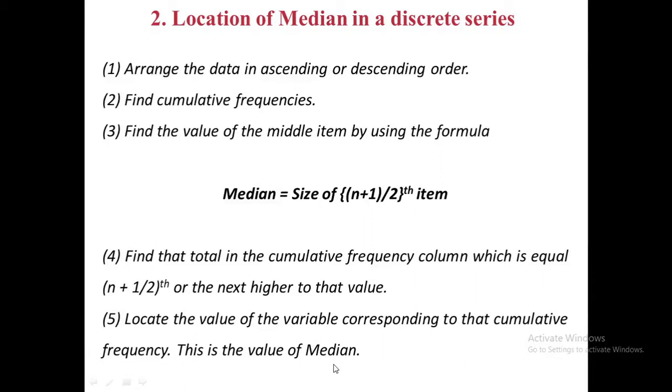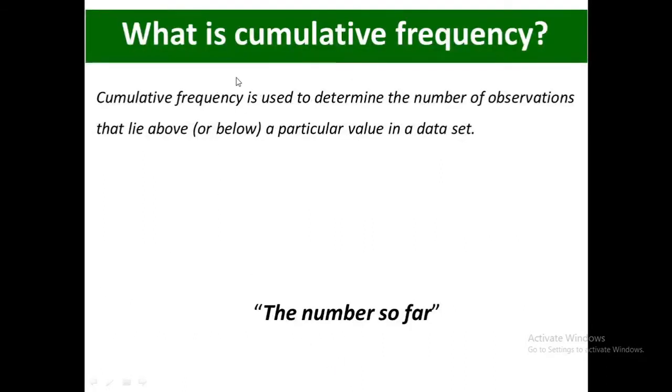But before we start the location of median in a discrete series, we must know what cumulative frequency is. Cumulative frequency is used to determine the number of observations that lie above or below a particular value in a data set.